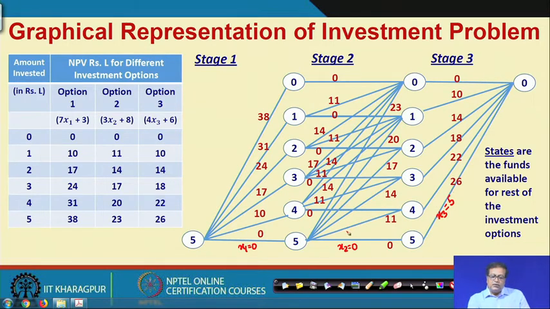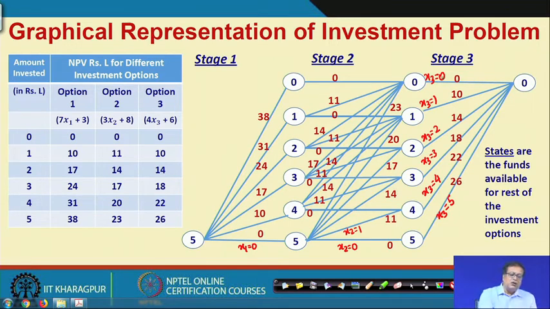But if we had x 2 equal to 1, then at the third stage we can invest a maximum of x 3 equal to 4. By similar logic, this could be x 3 equal to 3, x 3 equal to 2, x 3 equal to 1 and x 3 equal to 0. These are the different options that can be invested in the third option.